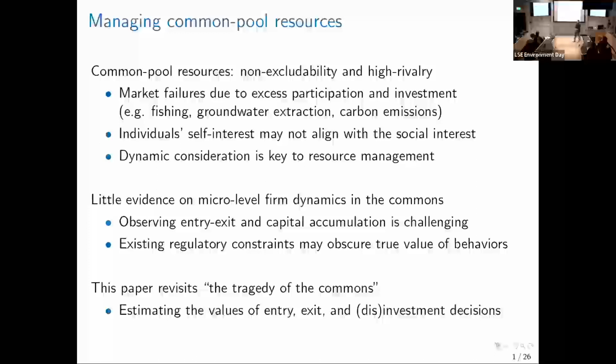So it's relatively hard to have systematic data reporting. Also, most of the modern data sets have a relatively short time period, so it's challenging to capture the entire firm's life cycle. So this paper revisits the tragedy of the commons issue by estimating the values of entry, exit, and investment behaviors from firms.